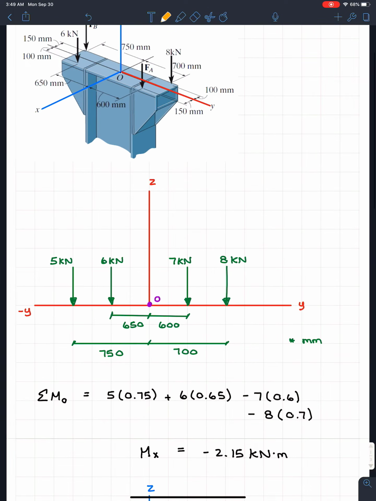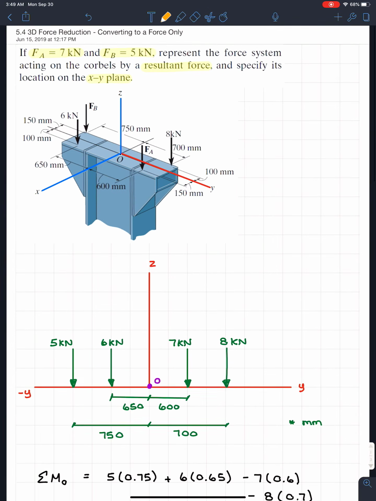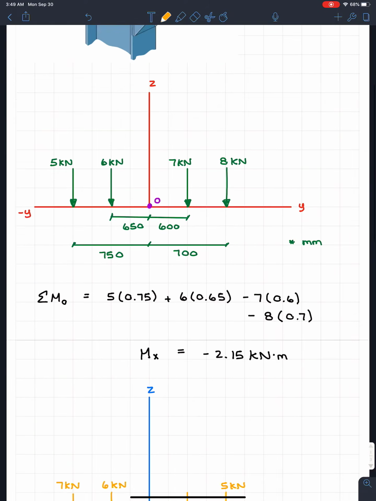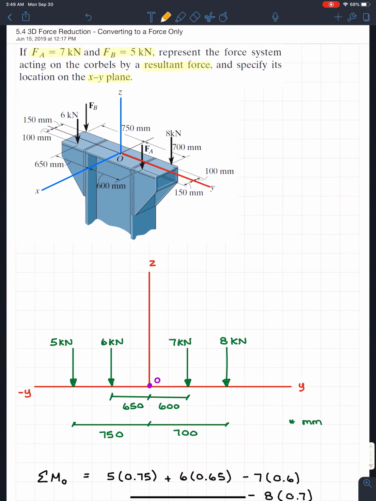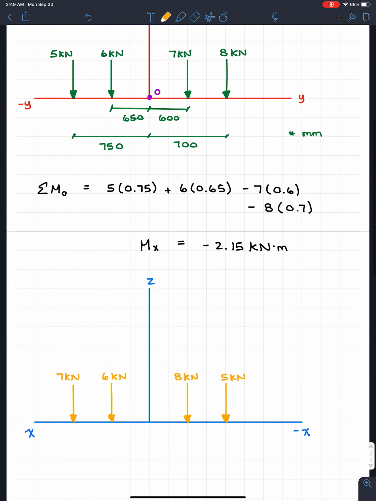Moving on to the other side, let's look at the one that's furthest along the negative axis, and that's FB, which we know is 5 kilonewtons. So that must mean that our last one, the 8 kilonewtons, is right here. So 8 kilonewtons.